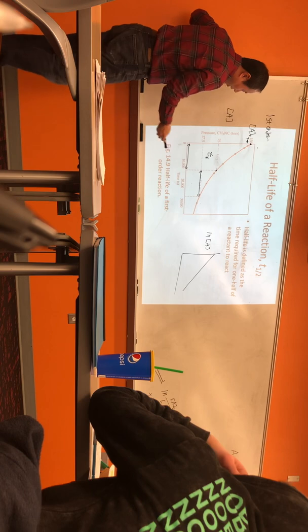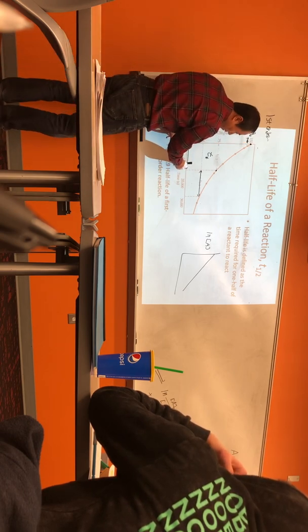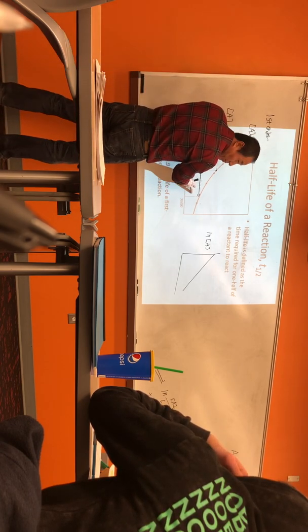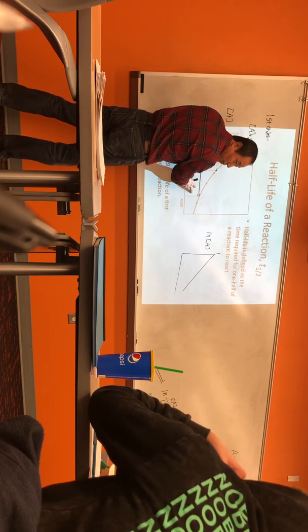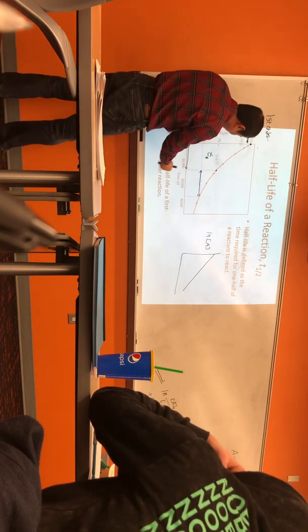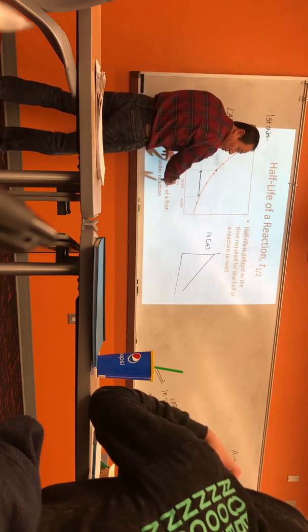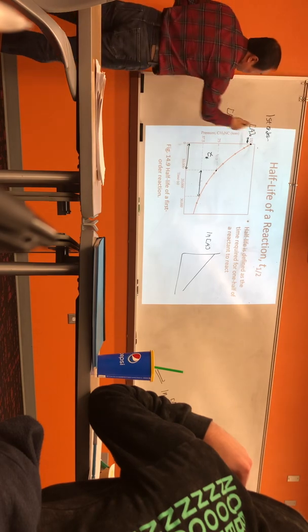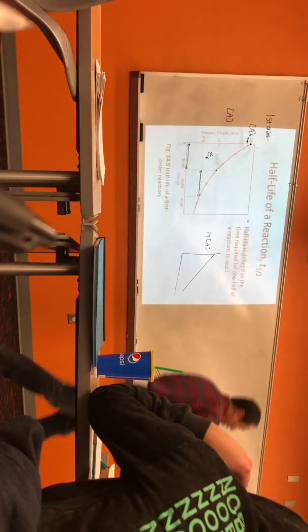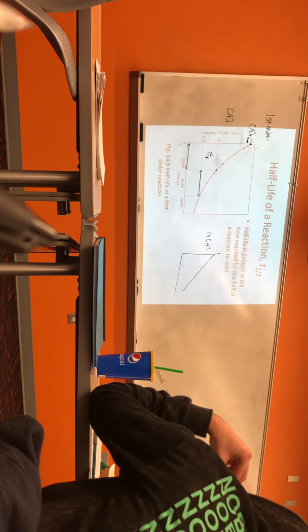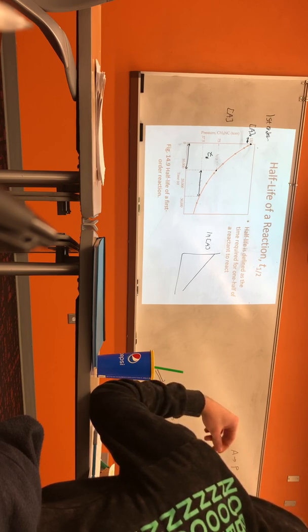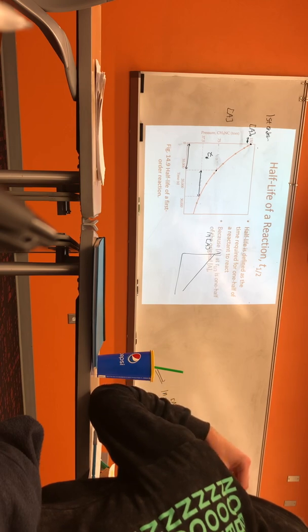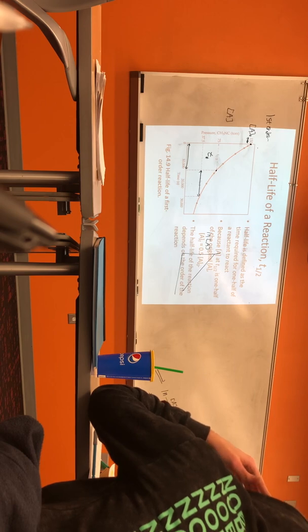For first order, the half-life in the first interval and the half-life in the second interval will be the same. But with a different reaction order, they will change. That comes from calculus, which we are not going to cover. All you have to know is that the half-life of first order is constant and doesn't change over time.